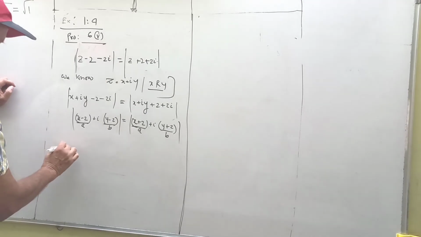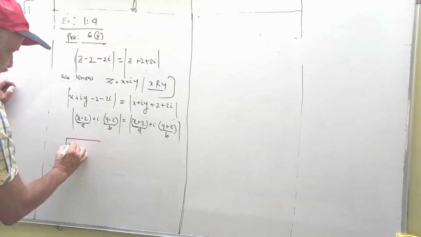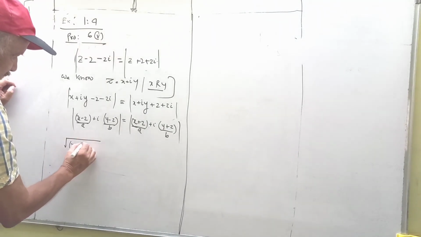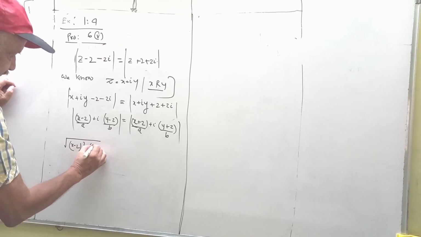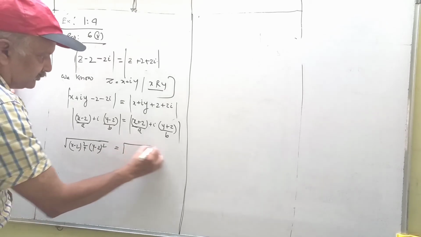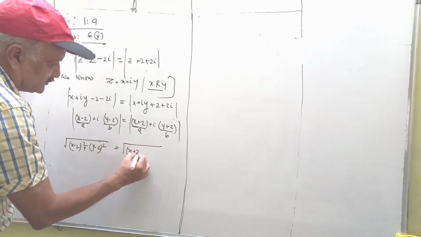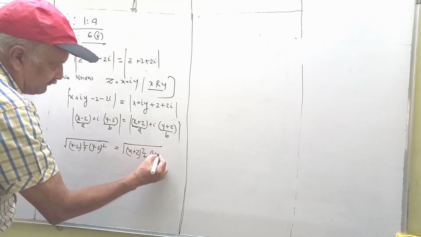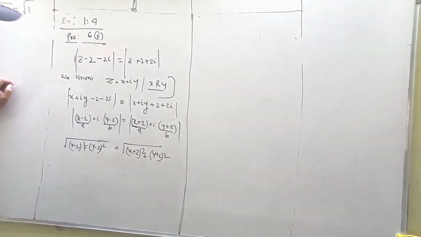That means root over A square plus B square equals root over (x plus 2) the whole square plus (y plus 2) the whole square.